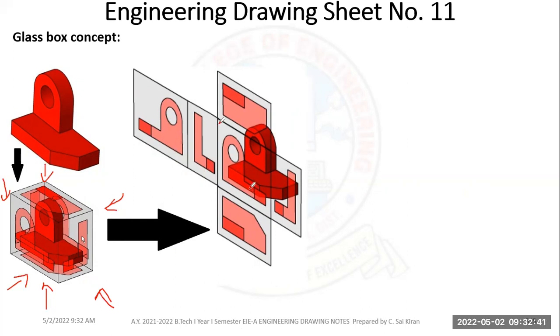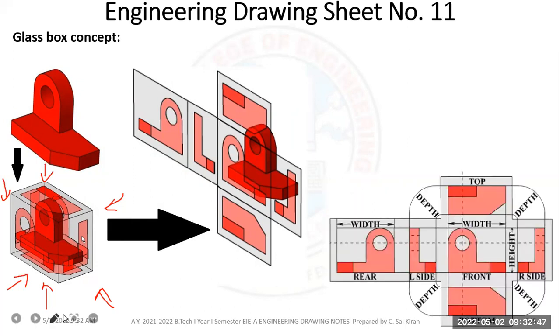So I'm expanding the glass box. What are the views I'm seeing? I make those projections on the glass box, and then if you see here, this is the same thing.